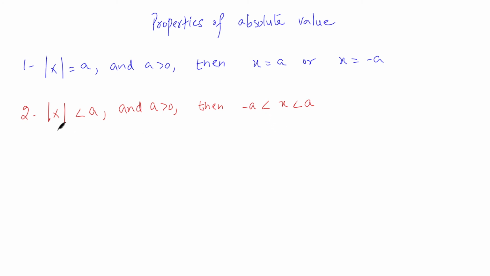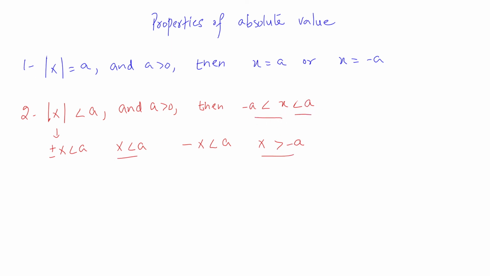How do we solve this? We write it like this: positive and negative, x is less than a. With the positive, the sign remains the same, x is less than a. But with the negative, you see the inequality will flip and our answer will be x is greater than minus a. So x is greater than minus a and x is less than a.